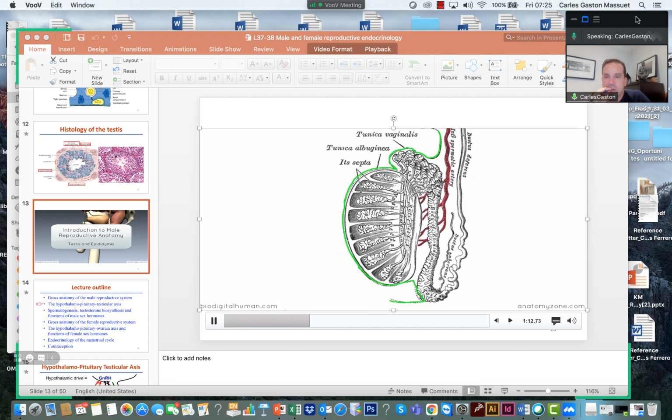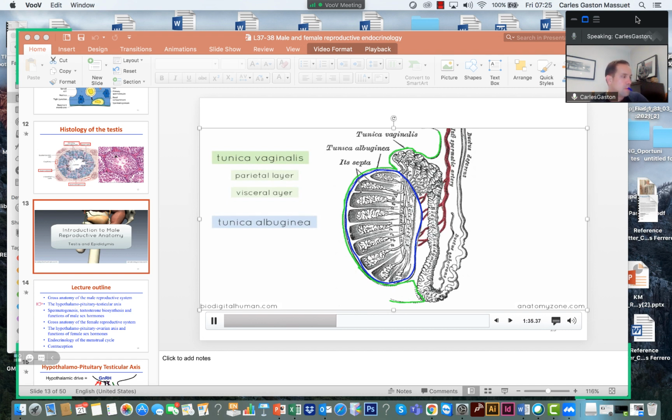So you can see that I've drawn on in green this outer capsule, and this is called the tunica vaginalis, and it has a parietal layer and a visceral layer. And then in blue you can see that I've drawn on another layer. This is the inner sac which encapsulates the testis, and this is called the tunica albuginea.